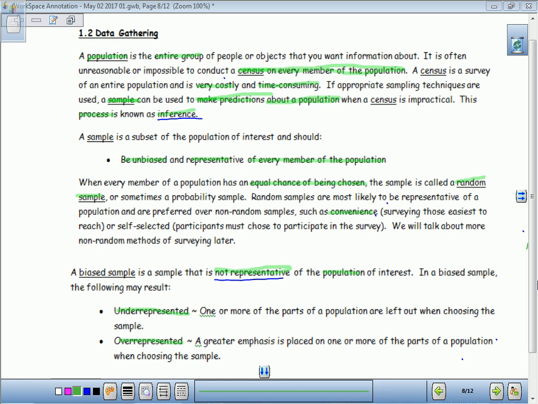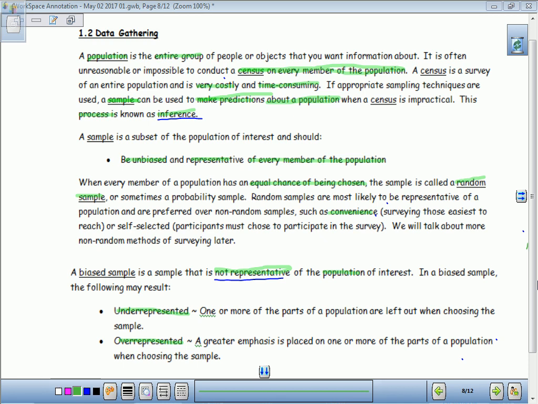Yeah. All right, now, a sample is a subset of the population. And when we look at a sample, it should be unbiased and representative of every member of the population.